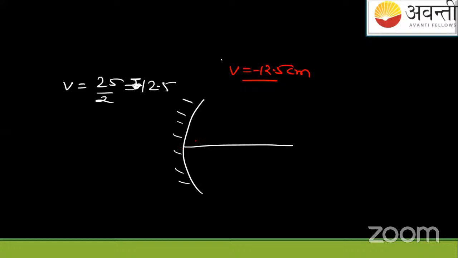So if this is the picture, the object will be somewhere here with a minus sign, because if we start from the pole and go against the object rays, this will give you 12.5. V is here. So this is the I3 final image, and this is your answer. Got it? So the final image is I3, at 12.5 centimeters.